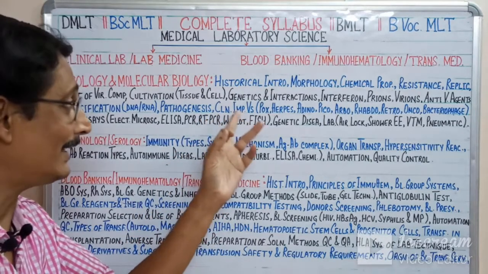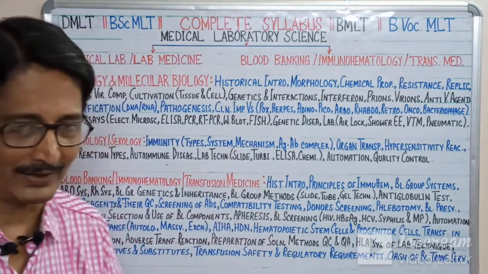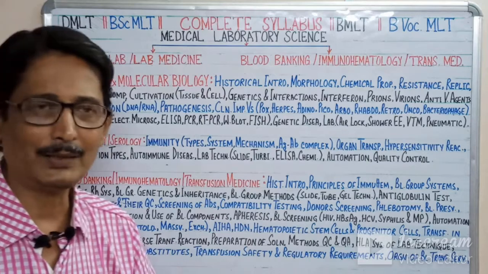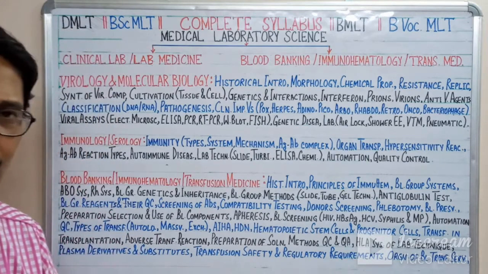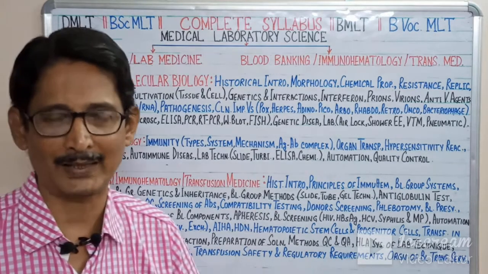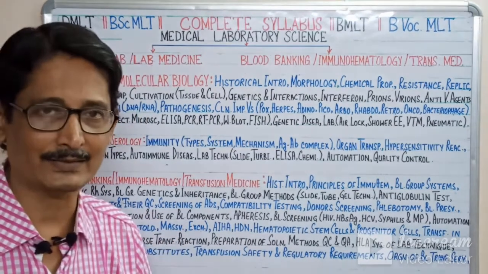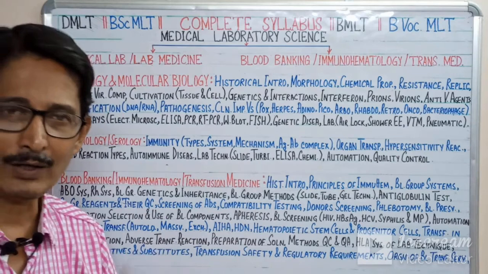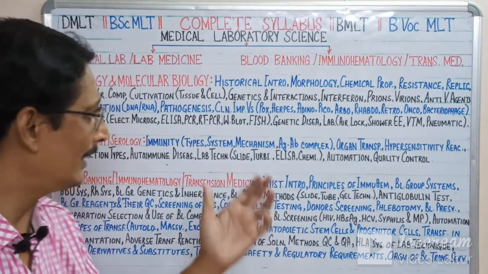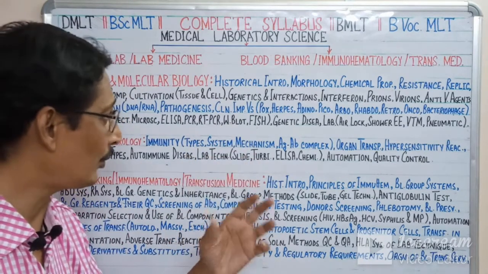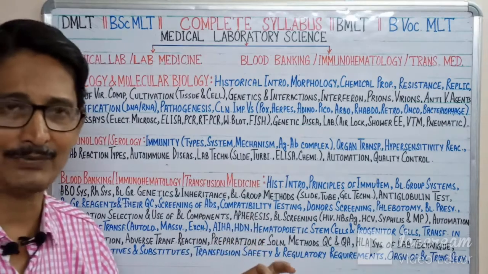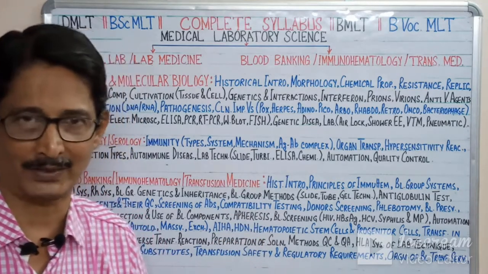Now the clinically important viruses. Clinically important, because we are not supposed to be studying BSc microbiology or MSc microbiology. We are studying lab techniques, and lab techniques can be related only to the clinically important viruses that can affect human beings.